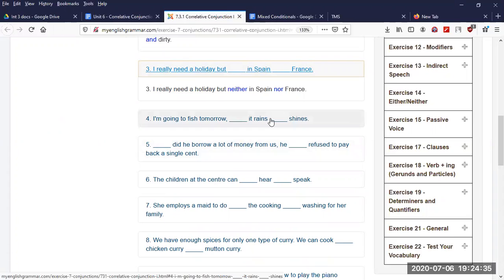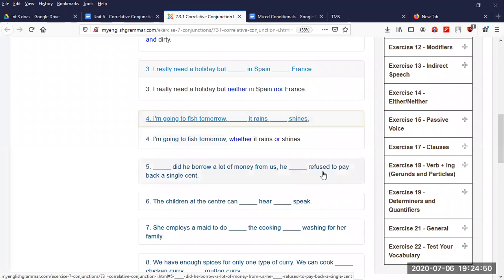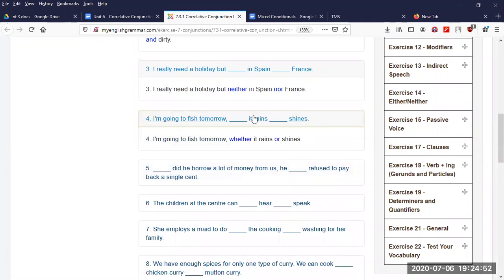This one is kind of conditional. So I'm going to fish tomorrow, but this one uses whether it rains or shines. This is a phrase, rains or shines, which means that it doesn't matter if the weather is good or the weather is bad.